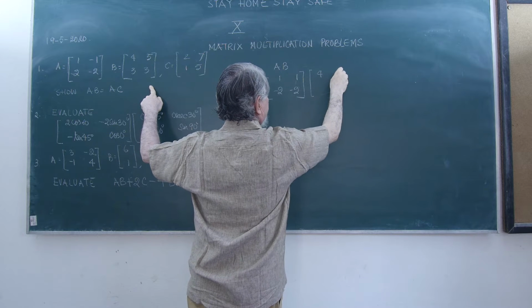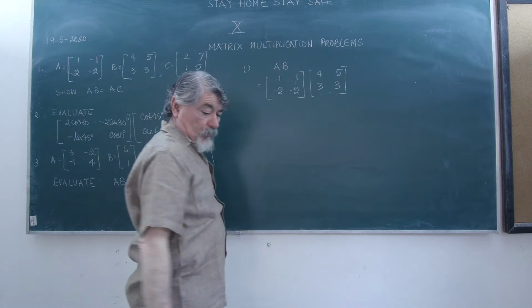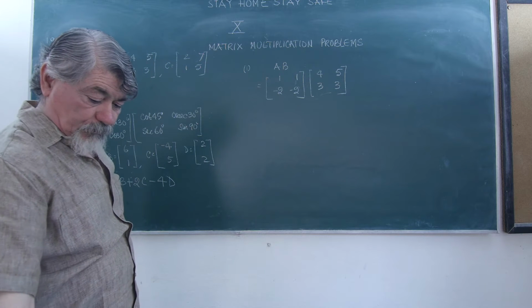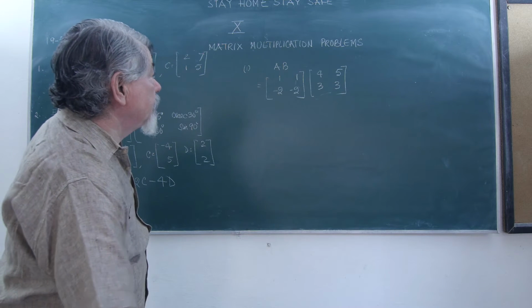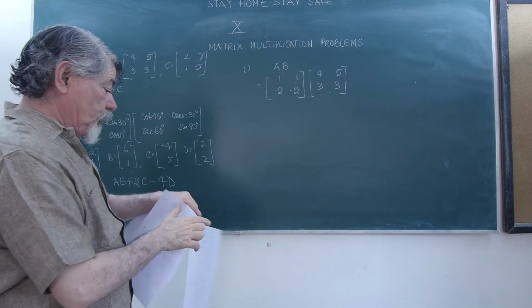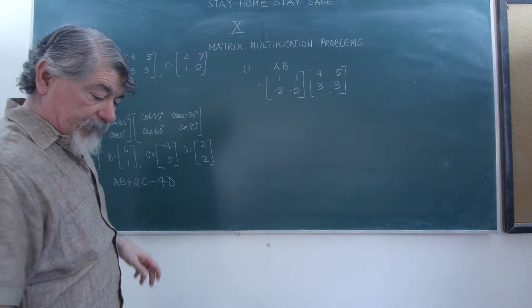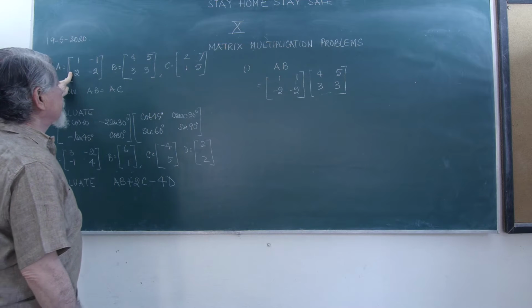We told you how we multiply two matrices. The method of multiplication is, it is not minus 2, it is 2 only.